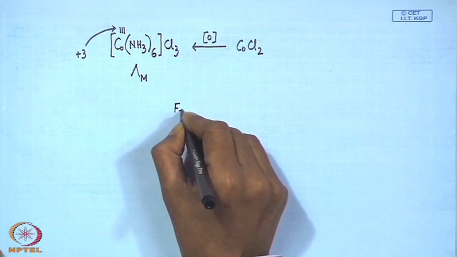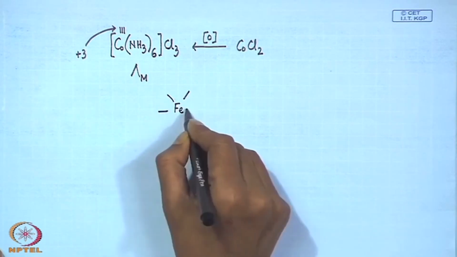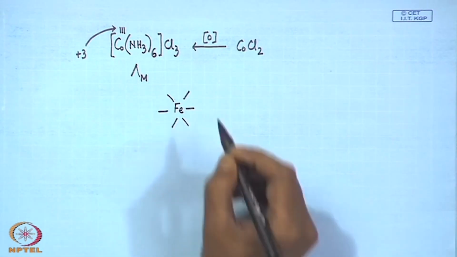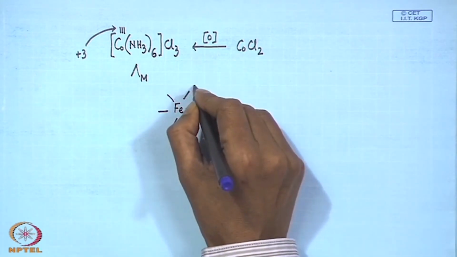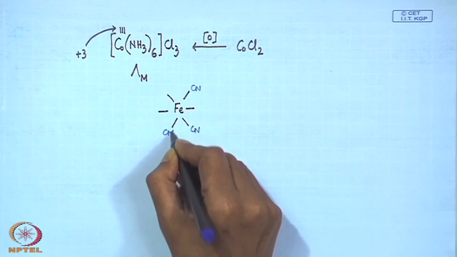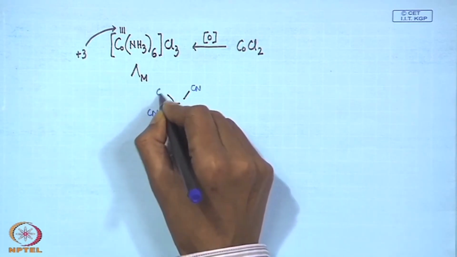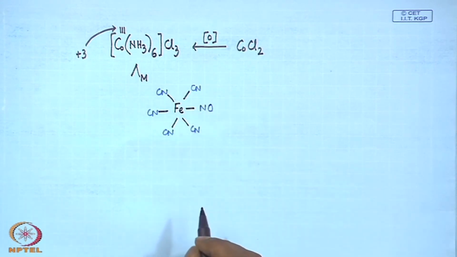So, we have this iron and we have 6 coordination sites, and 5 of these coordination sites will be occupied by CN, and one of them will be occupied by NO.